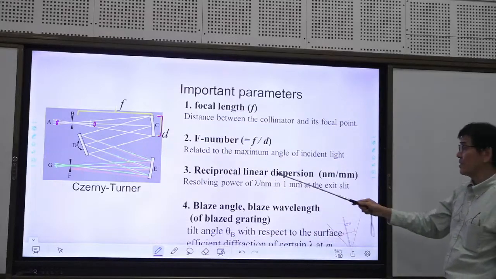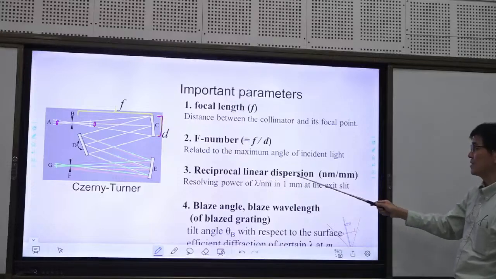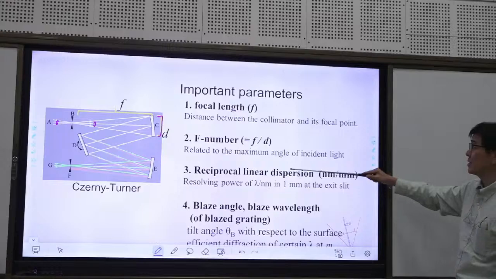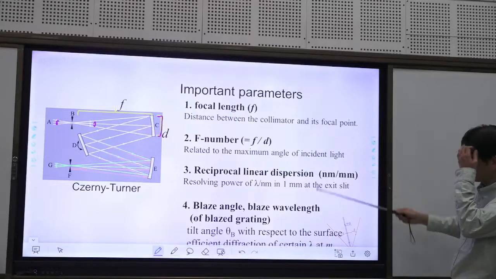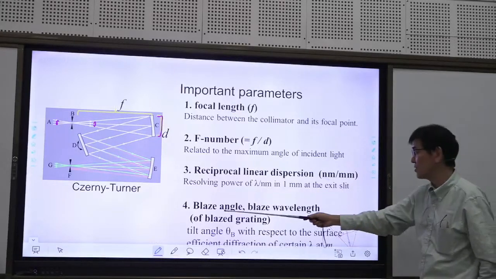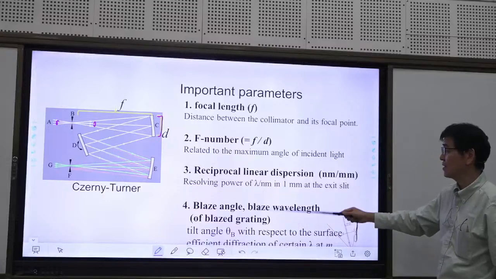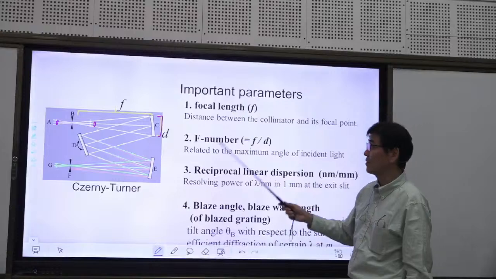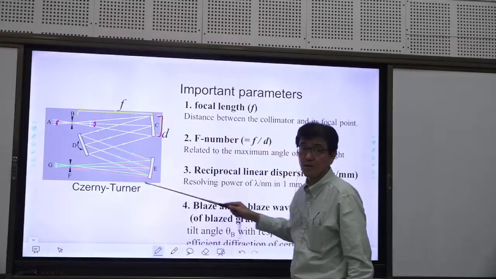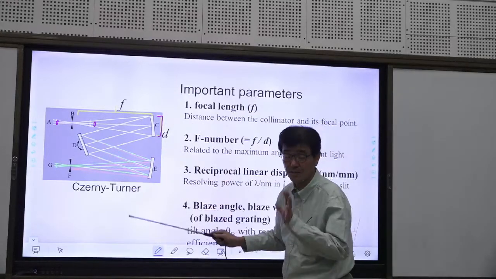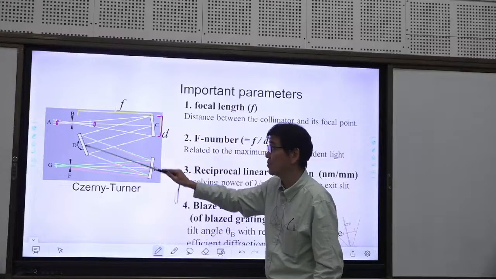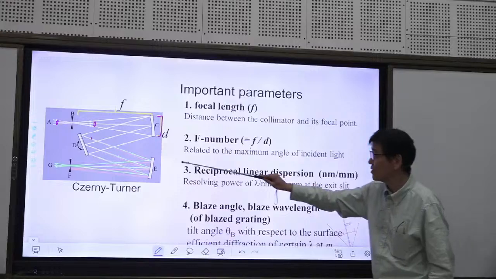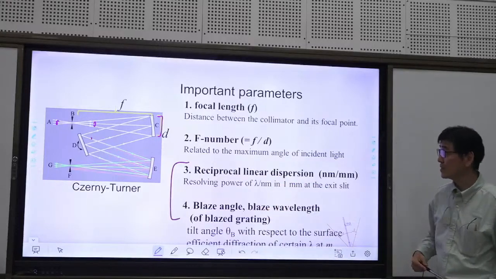The third is the reciprocal linear dispersion of the grating. I will explain this later. Fourth is the blaze angle, blaze wavelength. This is also a parameter of the grating. So the ability of the monochromator largely depends on the ability of the grating or dispersive element. So they are important parameters.